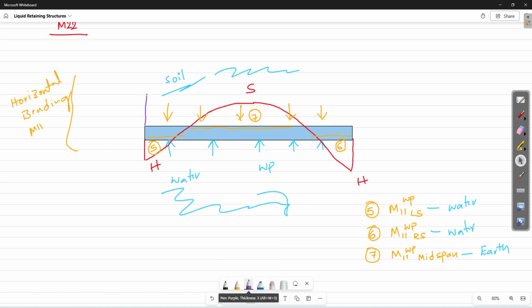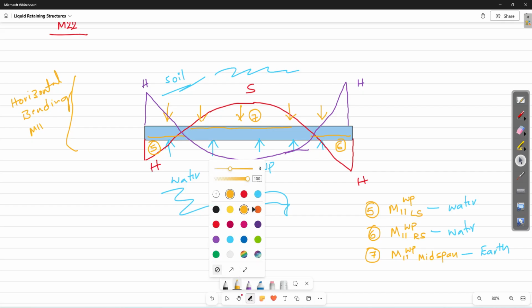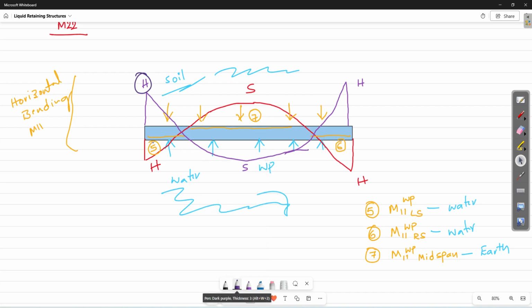At the supports, left and right corners, you will get hogging, then you will get sagging, then it is hogging. So you have hogging at the left, sagging at the midspan, again at the right, it is hogging. So then where you will provide the steel? For this hogging, you will provide steel at this location.